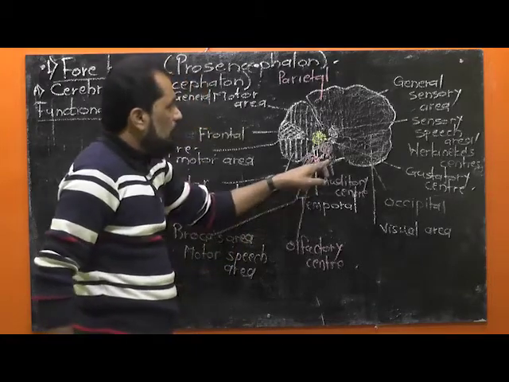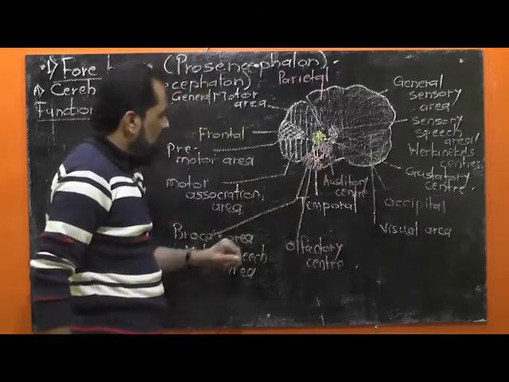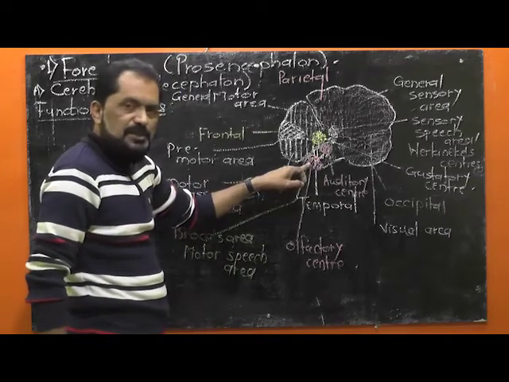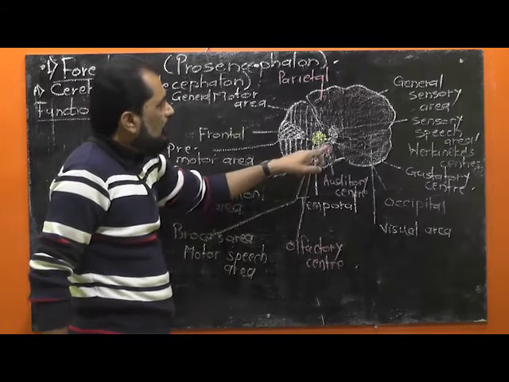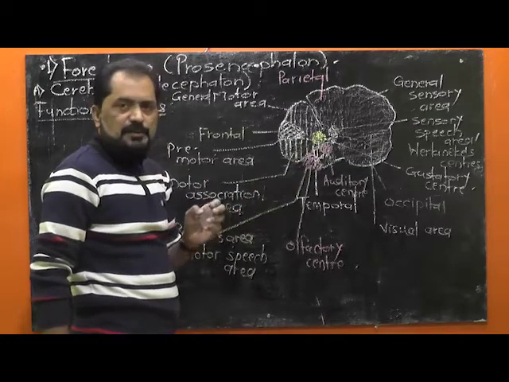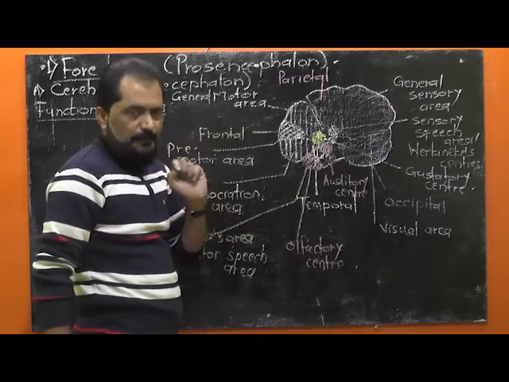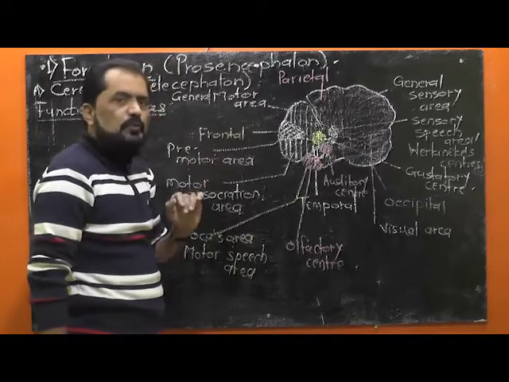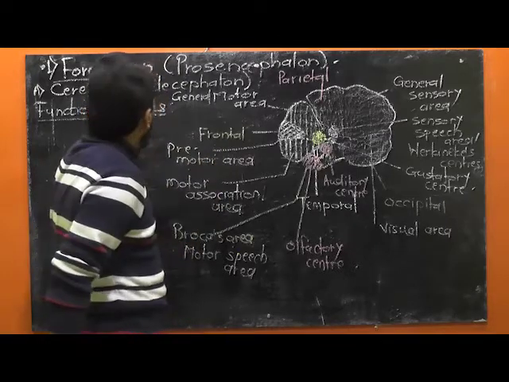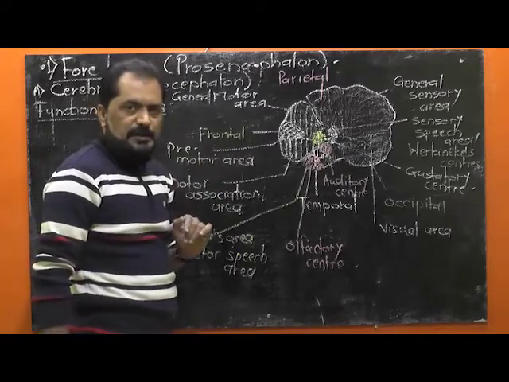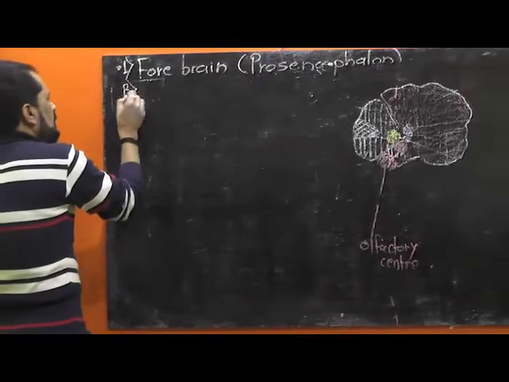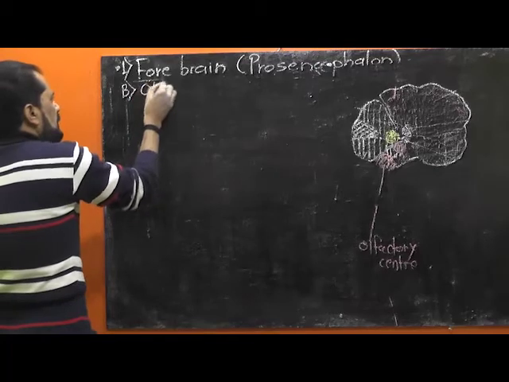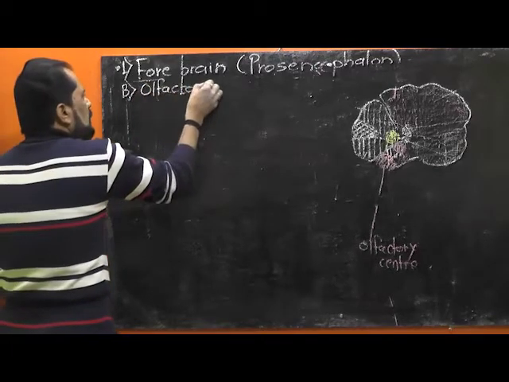The temporal lobe shows presence of olfactory center concerned with the sense of olfaction, that is smell, and auditory center concerned with the sense of hearing. Now we have to move to the second part of forebrain, that is olfactory lobes. Let us move.